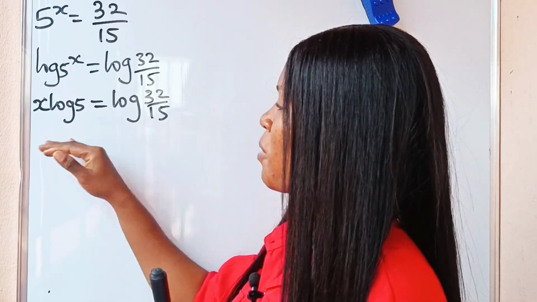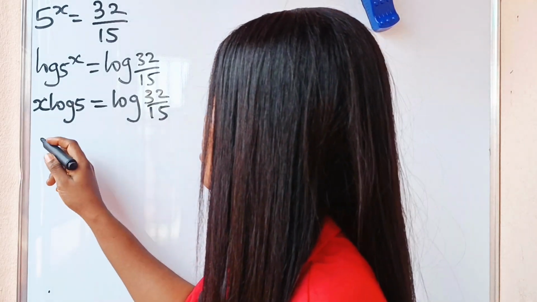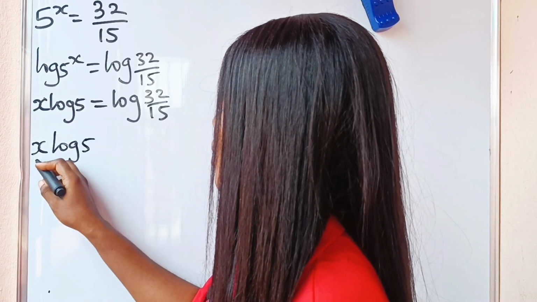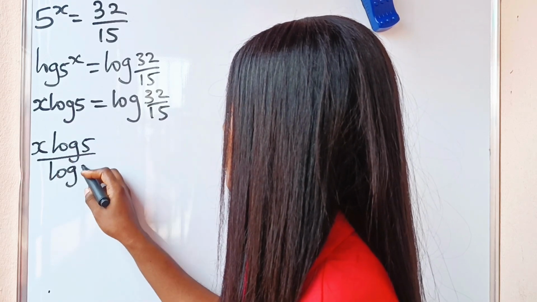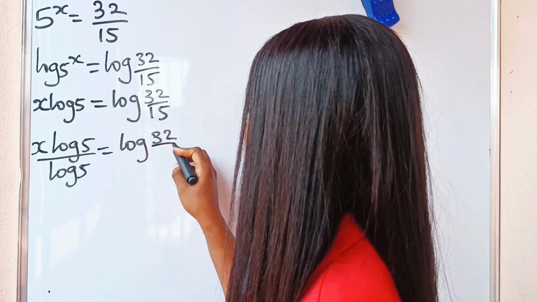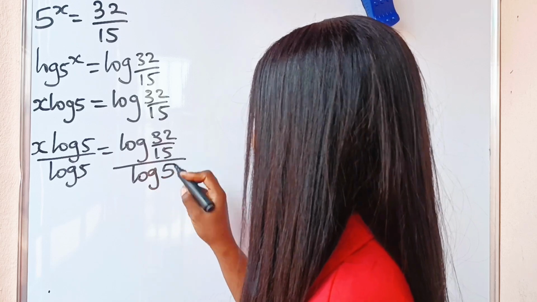Now let us divide both sides of the equation by log 5 to get the value of x. So we now have that x log 5 divided by log 5 is equal to log 32 divided by 15 divided by log 5.